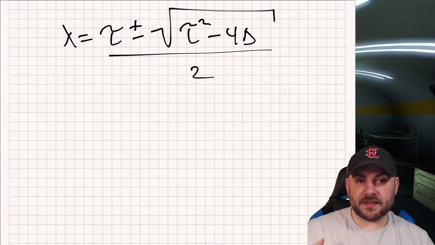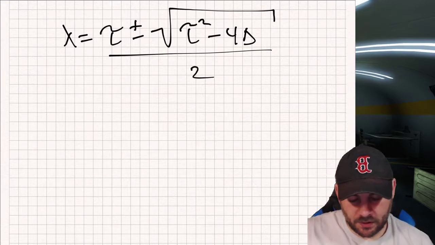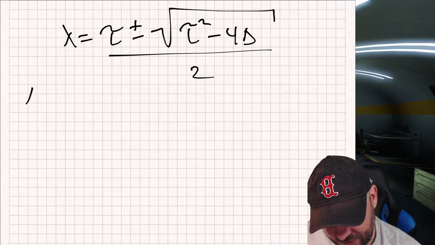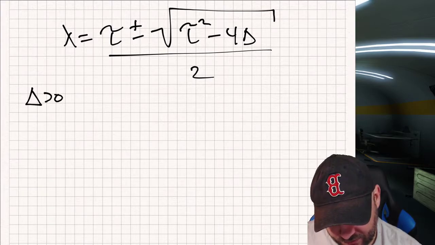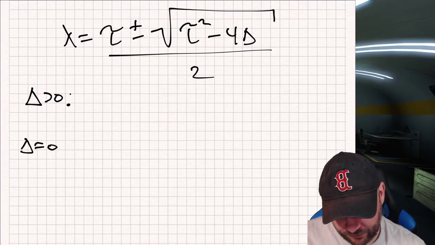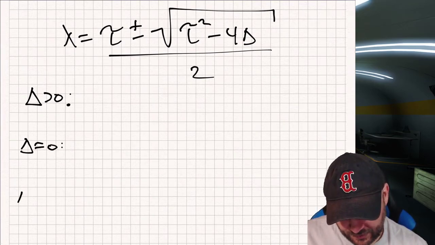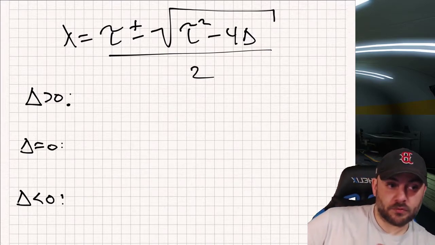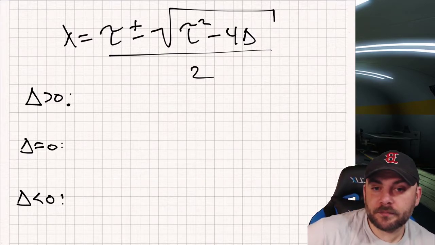Let's make two decisions here. Let's say there's a case when my determinant is positive, a case when my determinant is equal to 0, and a case where my determinant is negative.